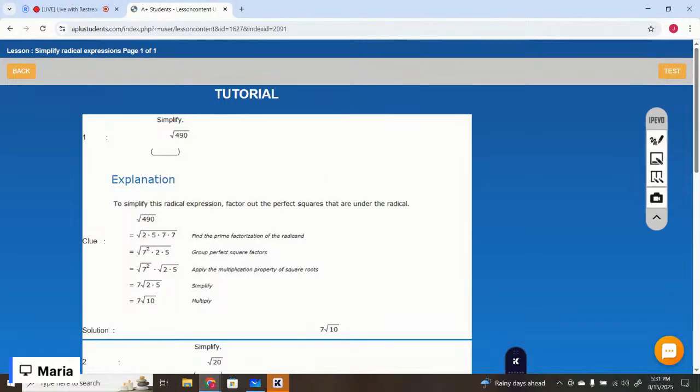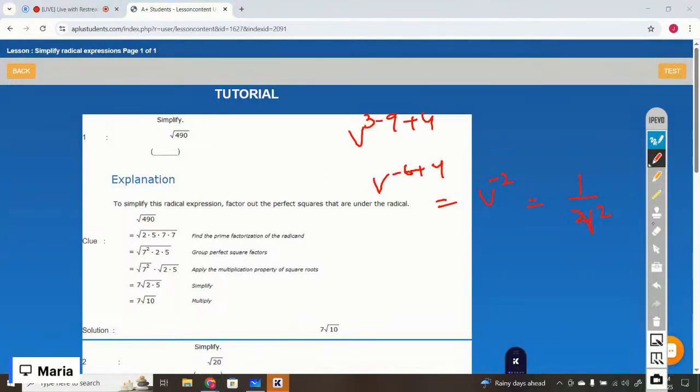Square root 490. Let's just make the factors: 2 times 5 times 7 times 7. That is 7 square root 10.